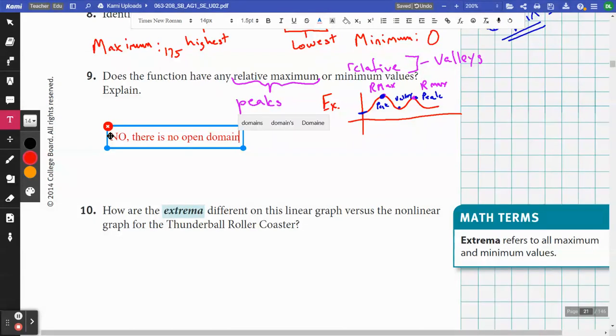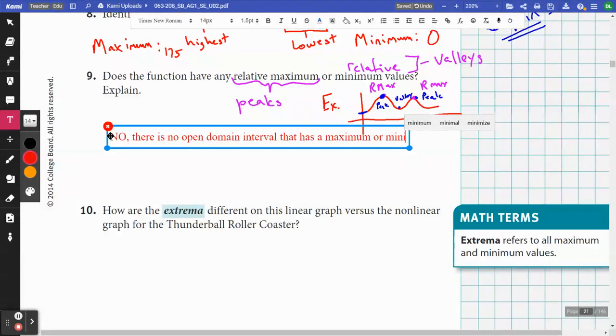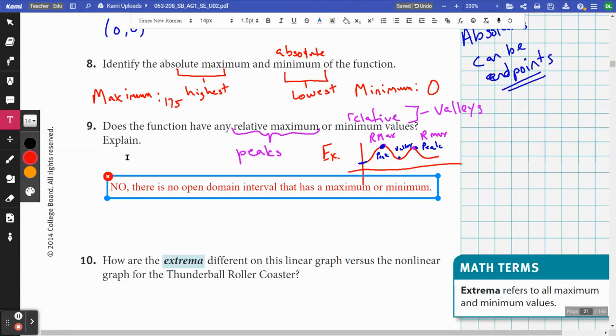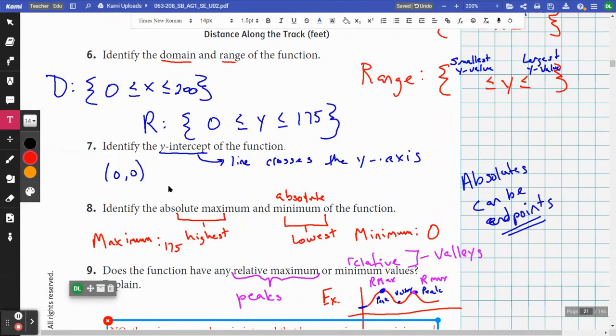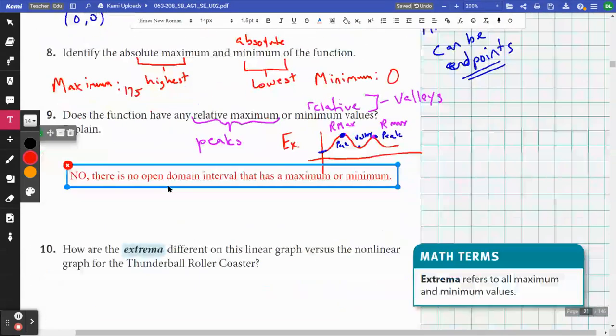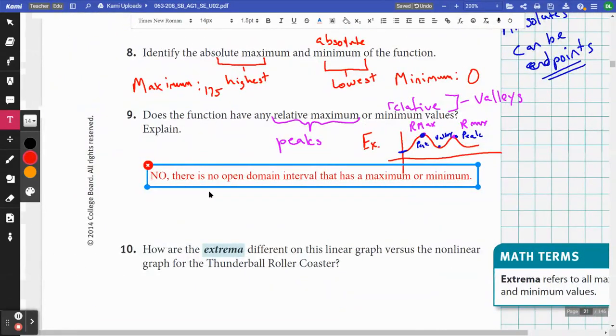There's no open domain interval that has a maximum or minimum. There's no peaks or valleys. There is absolute, but they're endpoints, and that's okay. That's not okay for relative.